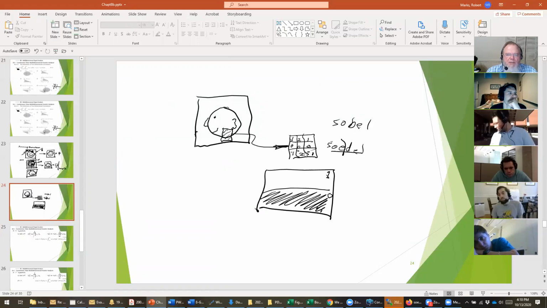Now, if you put this kernel at this point, and this was totally white, in other words, there was no changing, what would you get out? You get out 0. Because it would take the value of the pixel here, here, and here, and subtract the pixels of here, here, and here. And if all those pixels were the same, you get out 0, wouldn't you? Even if this was a gray area, you get out 0.